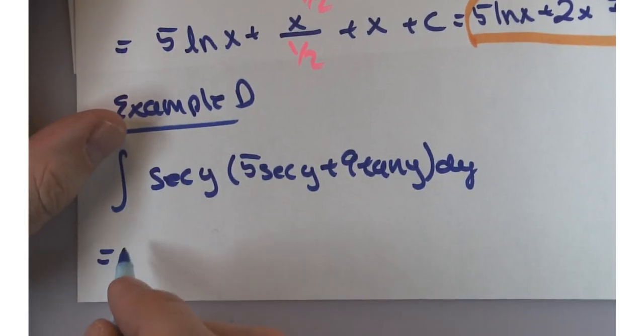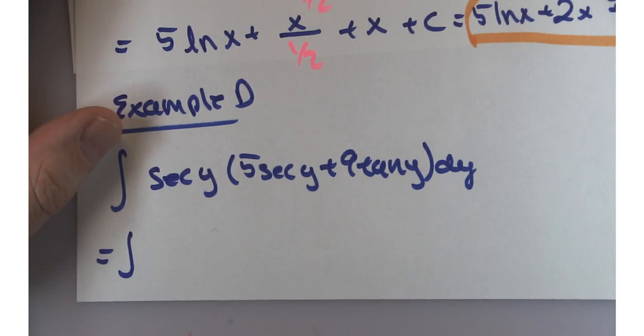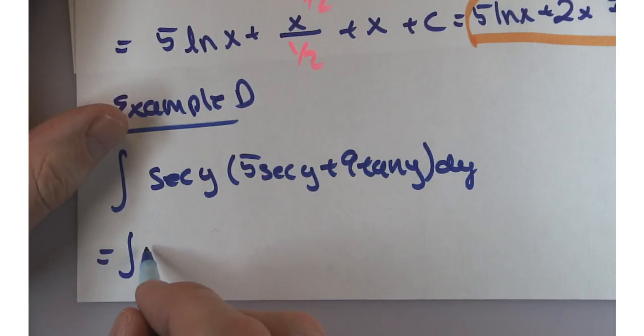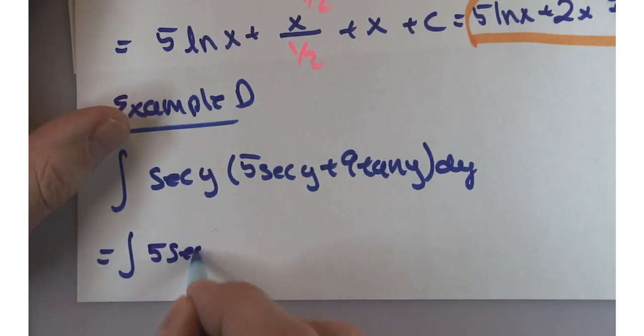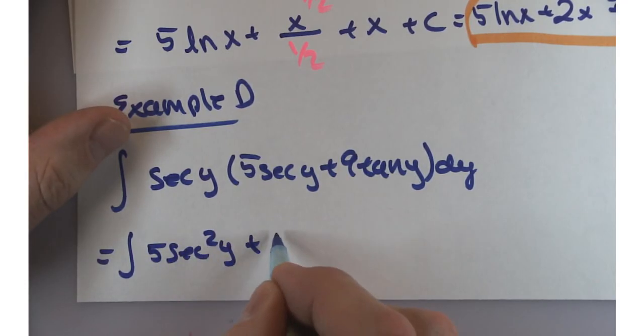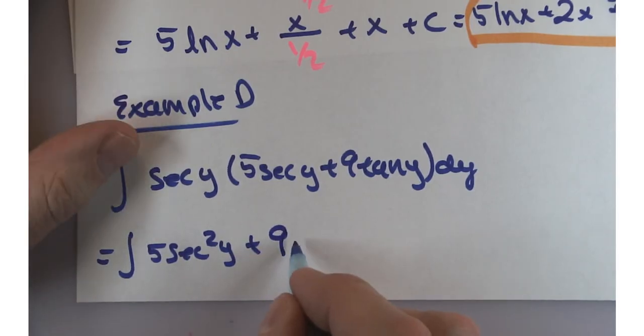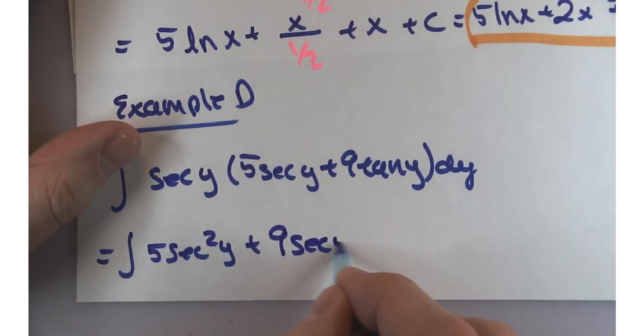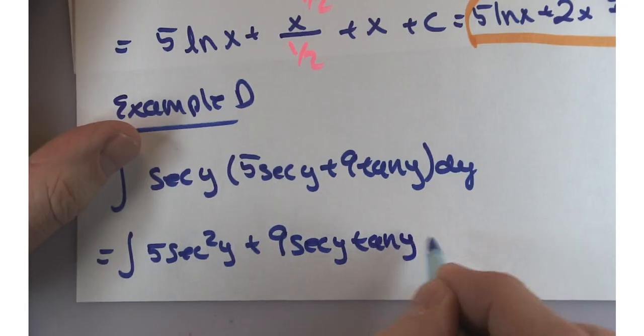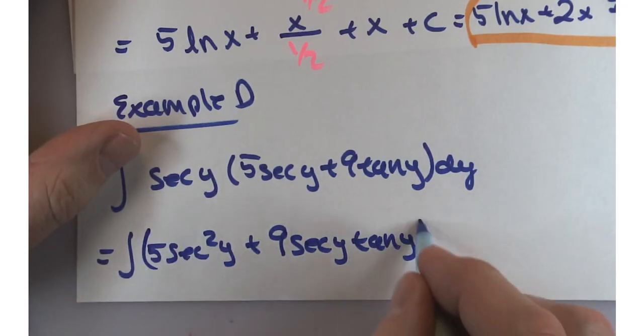All right, let's distribute the secant of y. So, Antonio, when I distribute the secant of y, what do I get? Good. All right, I'm going to write it in the other order, but it's the same thing.